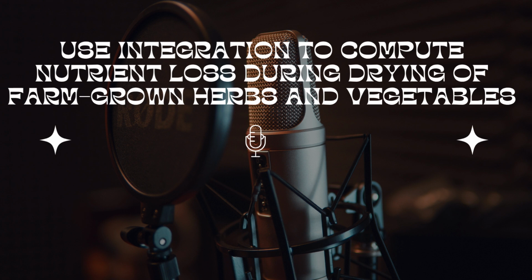So the big question becomes, how do you possibly calculate the total loss over the entire time if the speed of loss keeps changing moment to moment? Right. That's the puzzle. And this is exactly where the sources show integration is incredibly useful. How so?